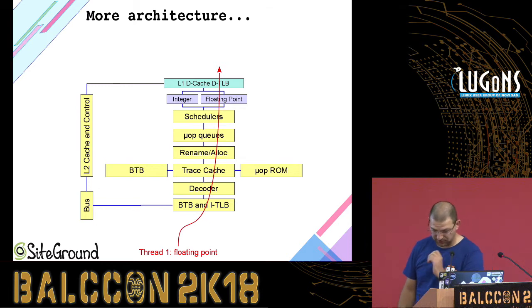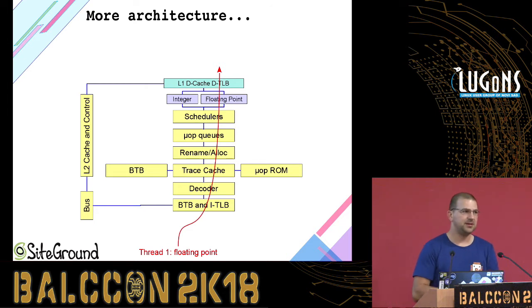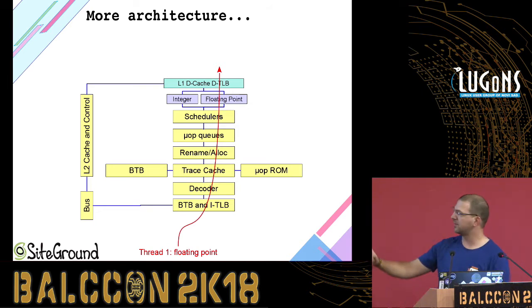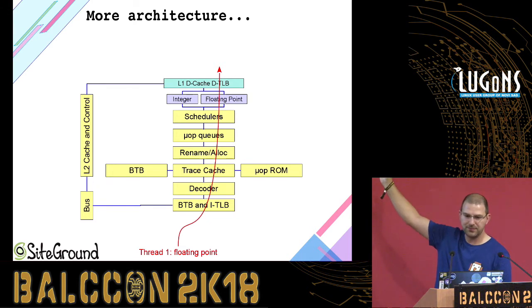Okay, so the other thing is that, as I said, most of the modern architectures have multiple threads on the same core. These multiple threads are not other cores, so they're not the same thing as a real core. But what happens is, for example, you have one floating point instruction that is executing this way.